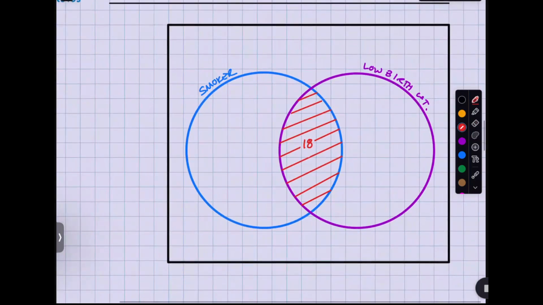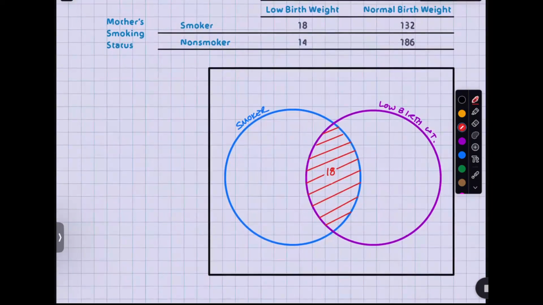Okay. Where does the 132 represent then? Where is that located? What goes in here then?